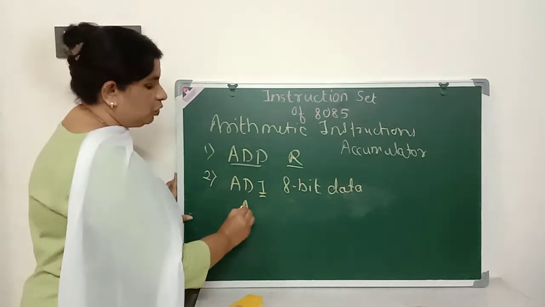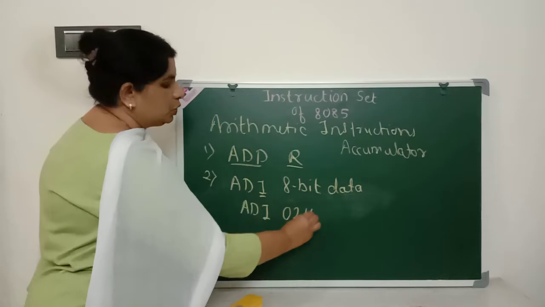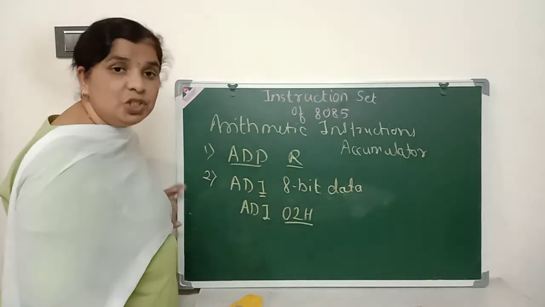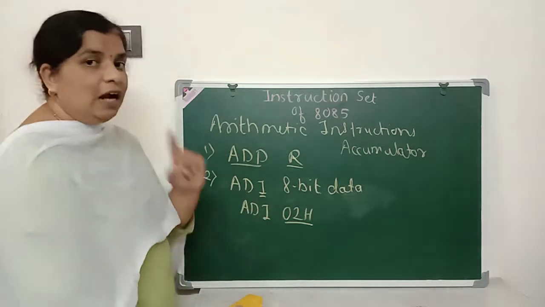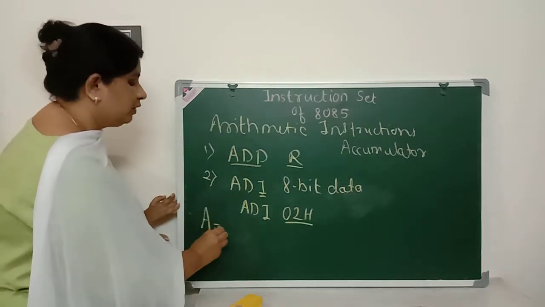That is, suppose I write ADI 02H. In this case 02 is the immediate number. This is the second operand. And where will the first operand be? The first operand is nothing but the contents of accumulator.